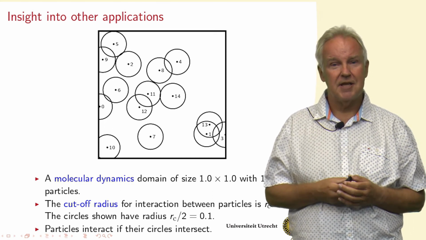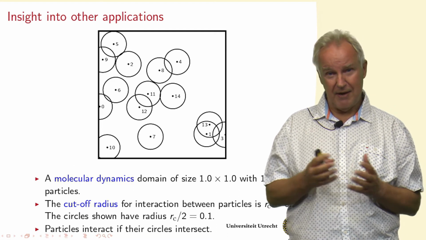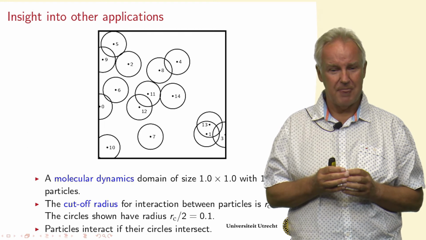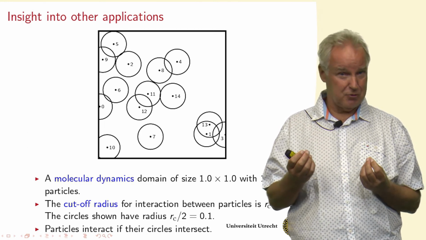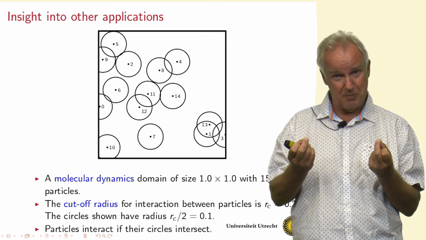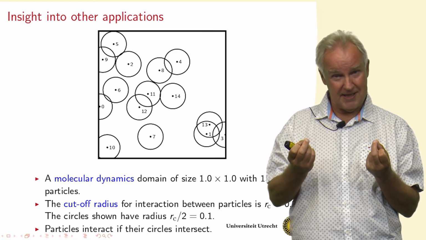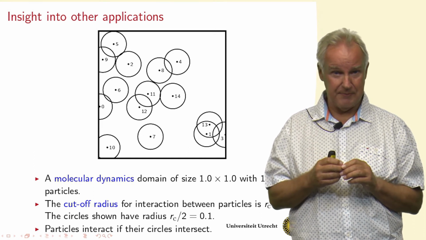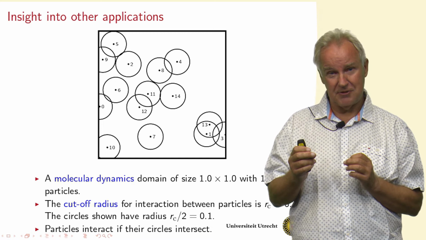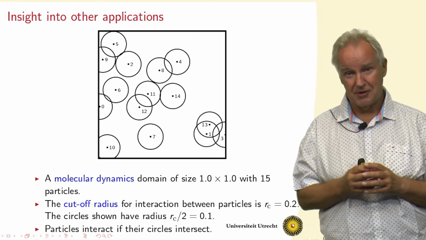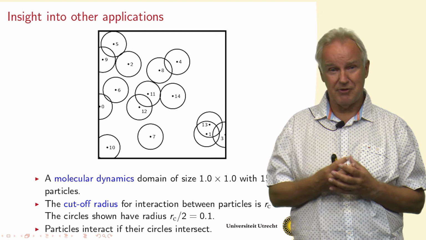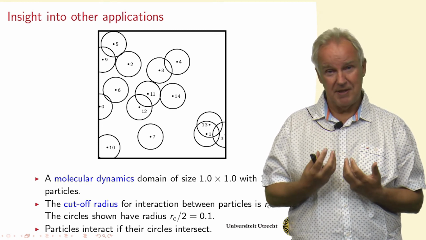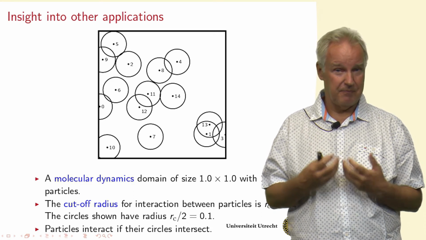In this case, we have a cutoff radius of 0.2, which means that if two particles are closer than 0.2 together, then they interact. The square here is a 1 by 1 square. If you draw a circle of 0.1 around every particle, then once two circles intersect, it means that their corresponding particles interact.